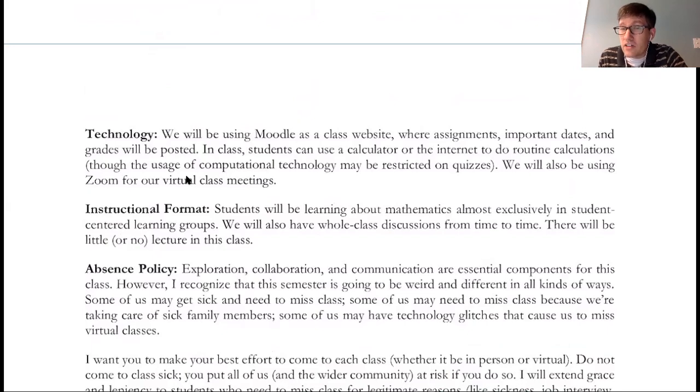That's not what I consider to be math. I think there's a lot more thinking that goes into it aside from that. So if you need to do routine calculations, calculator, internet are great resources for that. And we're also going to be using Zoom on our virtual class meetings. Okay, and we may do other technologies depending upon how things go. We're just gonna have to be flexible, and we'll figure things out as we go. Those are the ones that I know of right now.